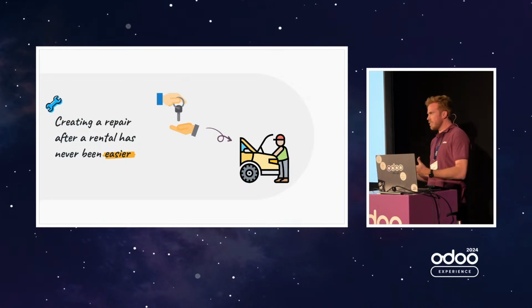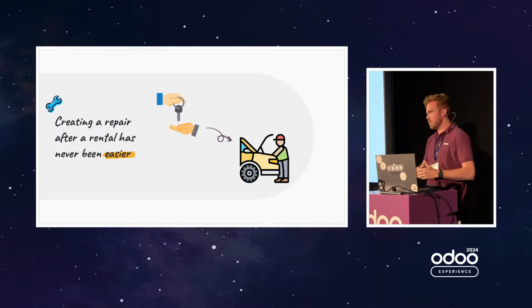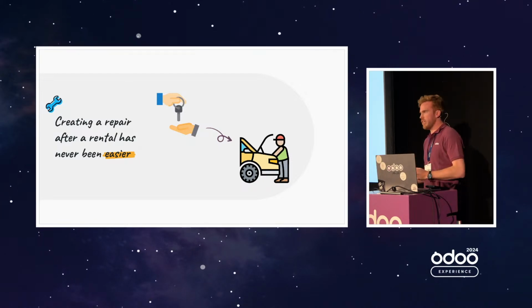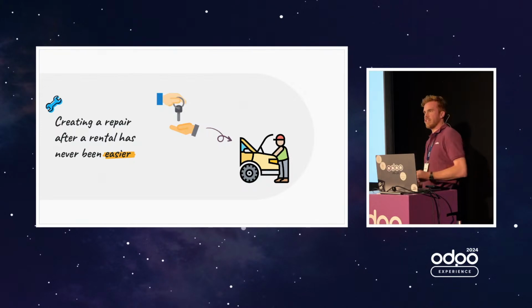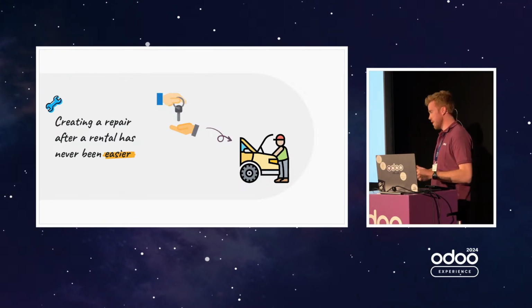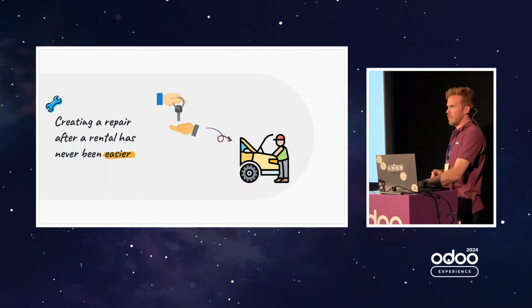Now we can create a repair immediately after a return from a rental, and we are pre-filling all the necessary information to make sure we are setting the correct product, the correct customer, the correct return on your repair. I'll show in Odoo how that works later.